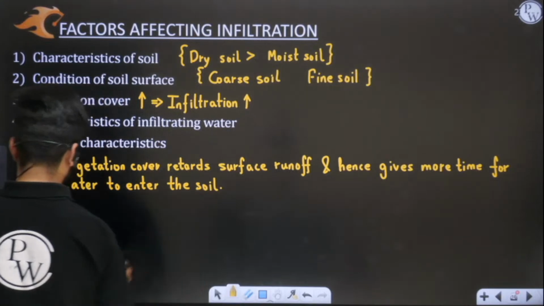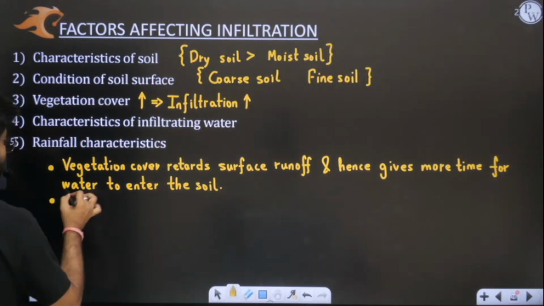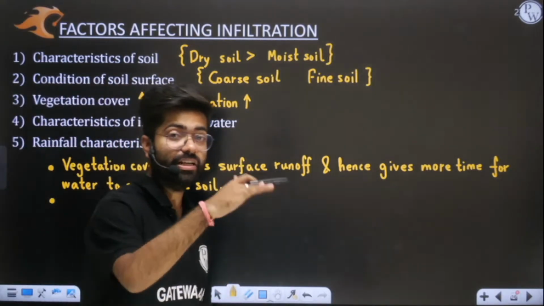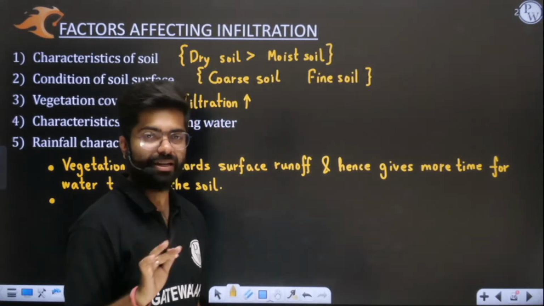Secondly, because of this vegetation cover, shielding of soil surface happens, so no compaction is there.